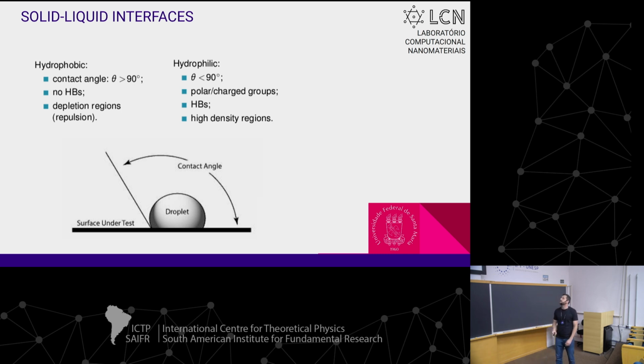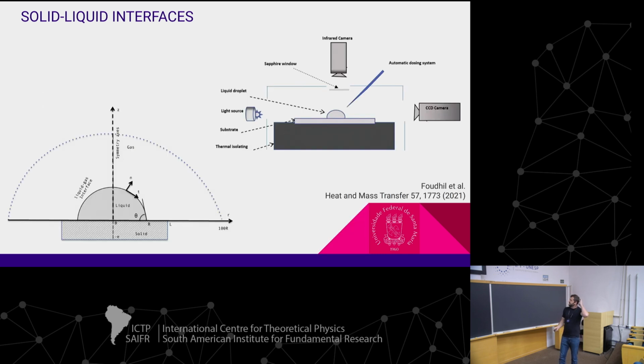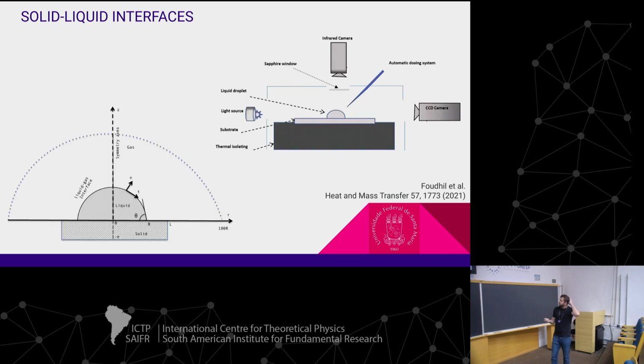The other thing is that it's kind of straightforward to look at the droplet at the solid interface, so you can measure this quantity, the contact angle. The apparatus will involve a CCD camera or something like this, and of course, the smaller you go, if the droplet starts to be very small, you're going to need a more sophisticated apparatus, but the idea is the same.